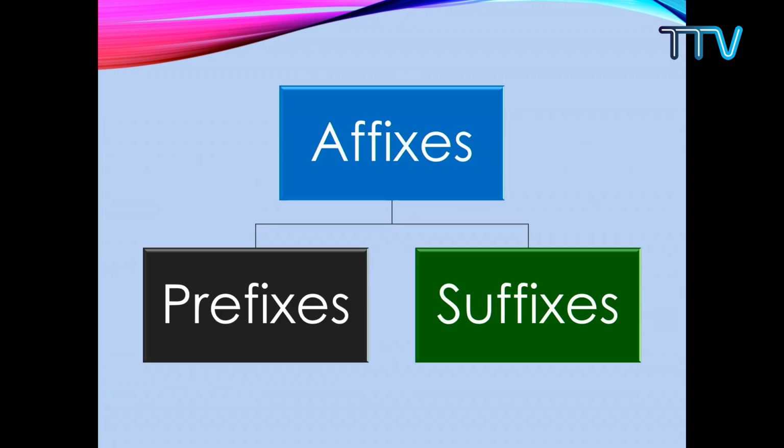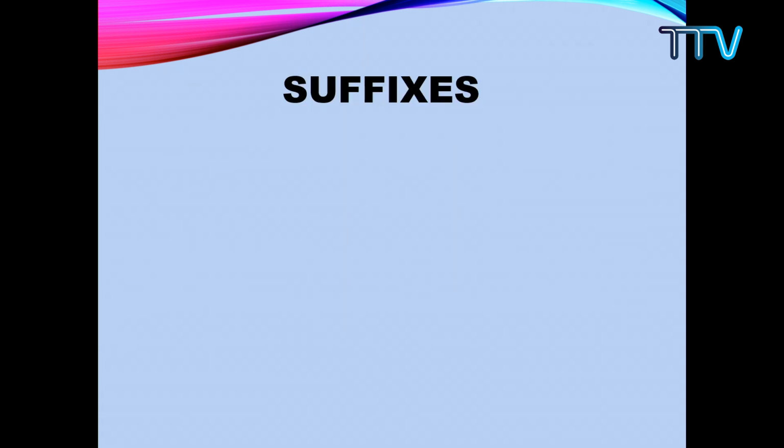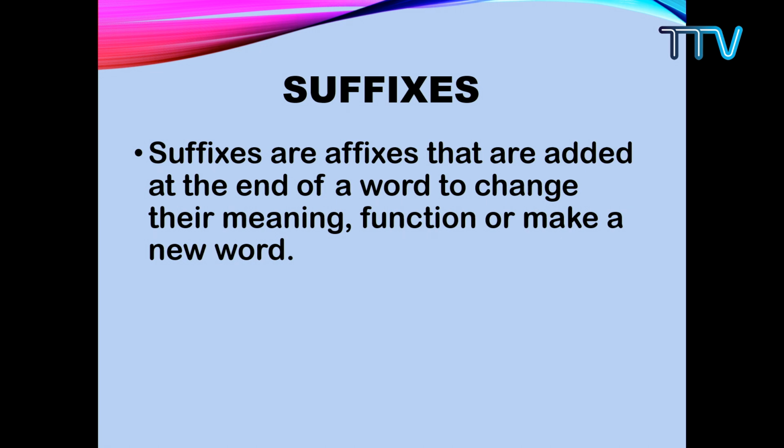Since we have already covered prefixes, we'll be discussing suffixes now. Suffixes are affixes that are added at the end of a word to change their meaning, function, or make a new word. Usually suffixes change the word form, the class of the word.